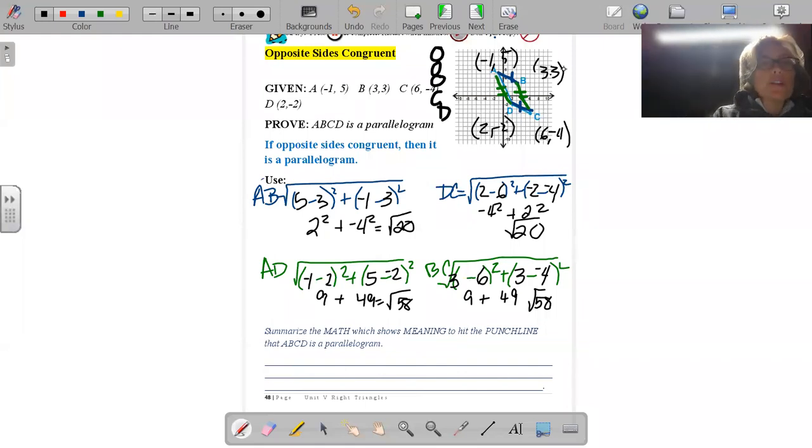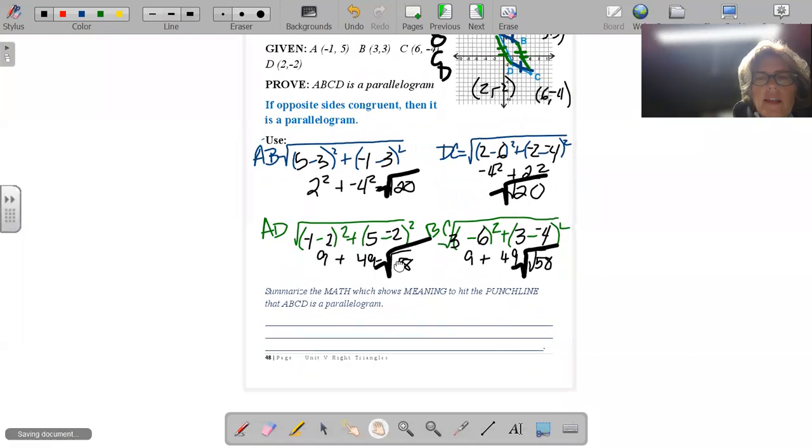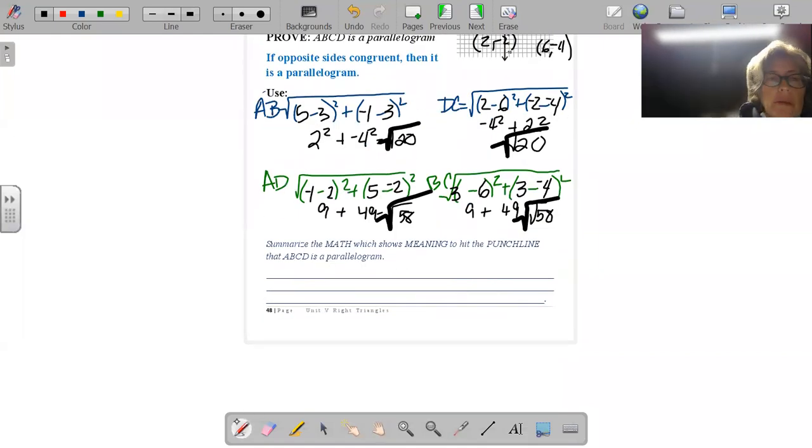So these are the distances you should have gotten: root 20, root 20, root 58, root 58, and then you do the math, meaning, punchline.